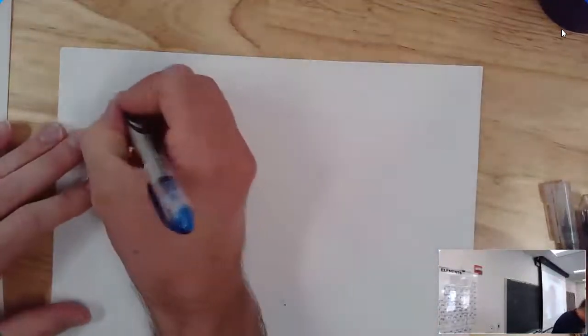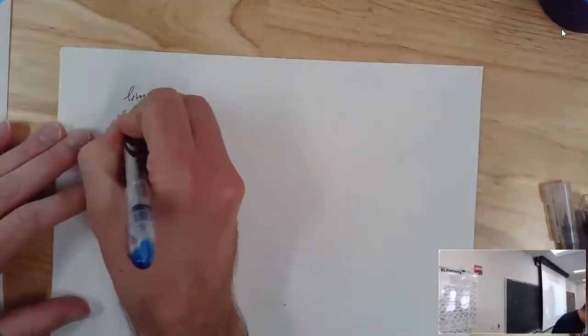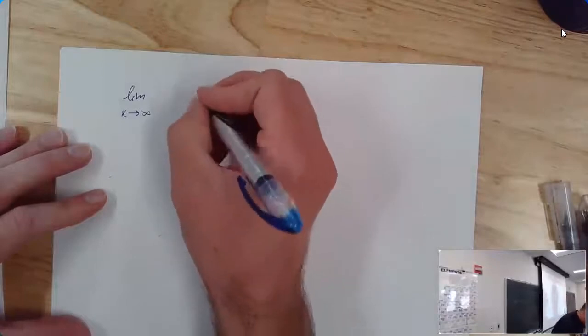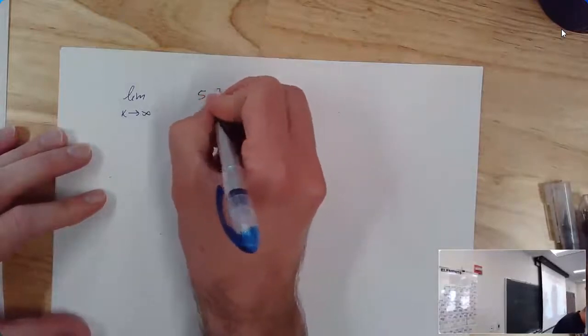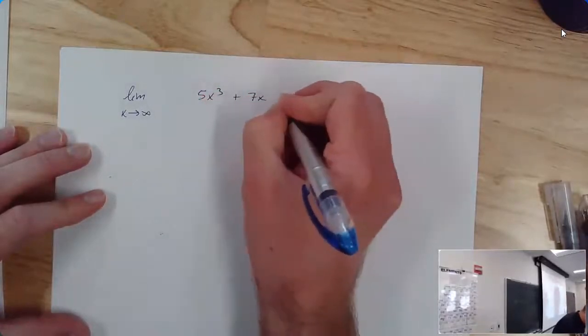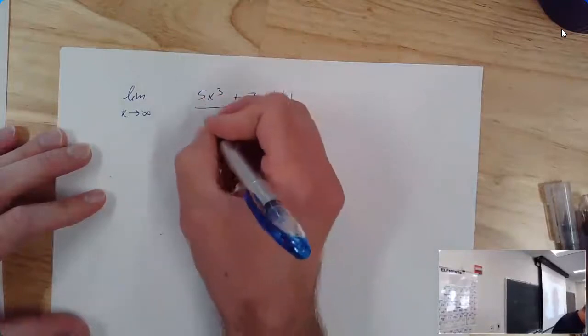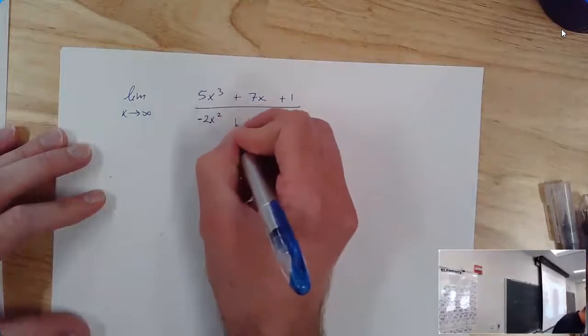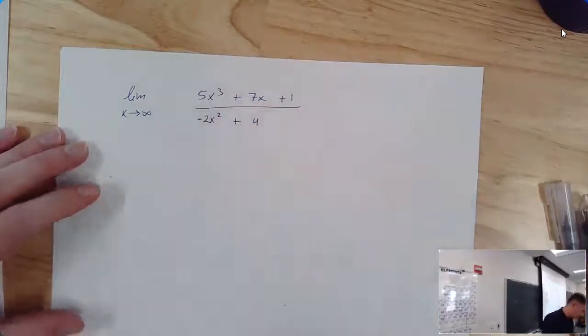So let's look at something like the limit as x goes to infinity of, what do I want to pick here? Sure. Let's say we have 5x cubed plus 7x plus 1 over negative 2x squared plus 4.